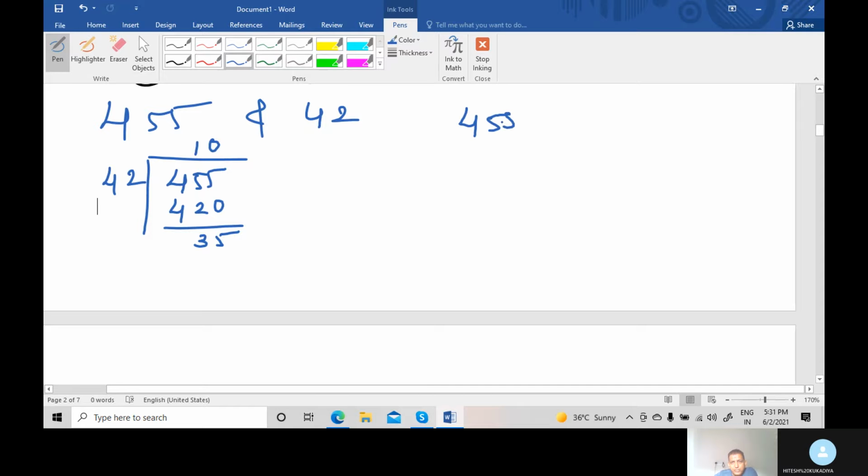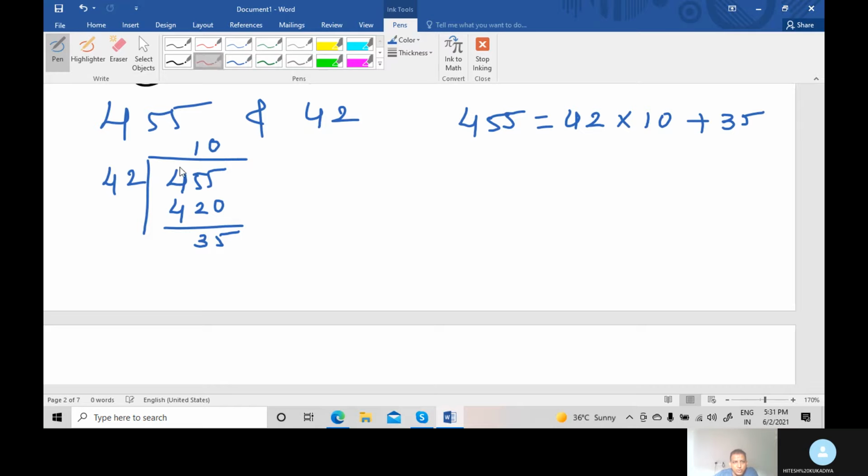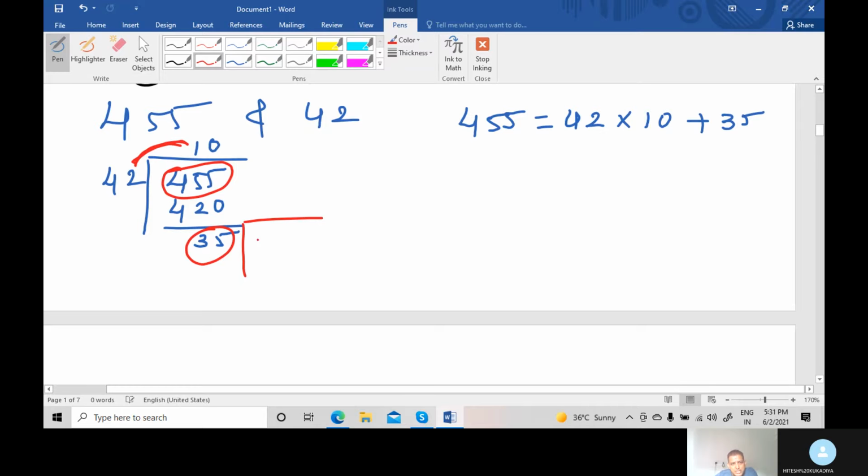Dividend equals divisor into quotient plus remainder. So 455 = 42 × 10 + 35. Is that clear? Now take 42 and 35.